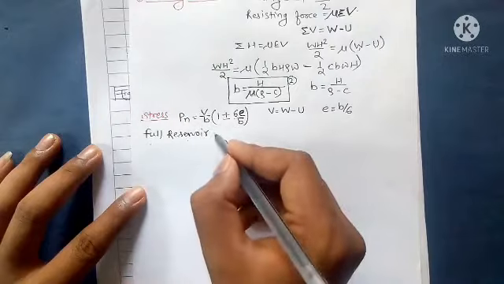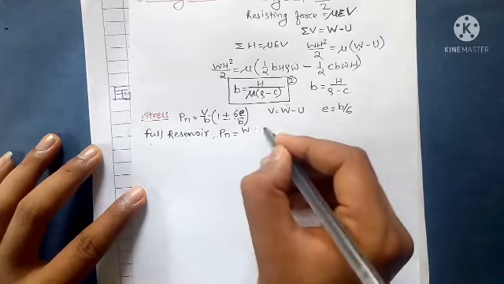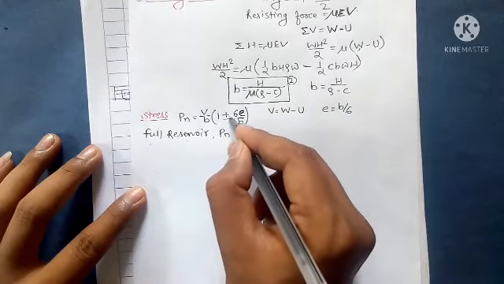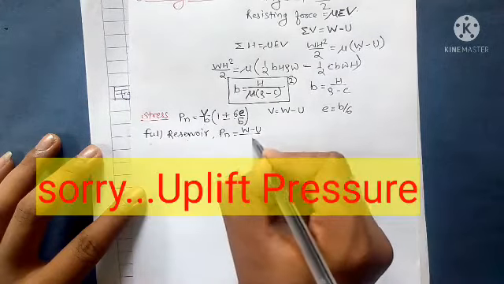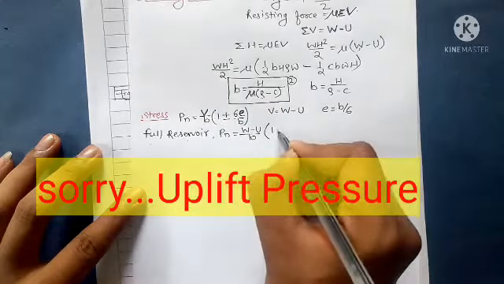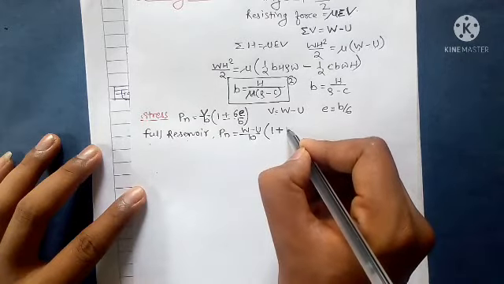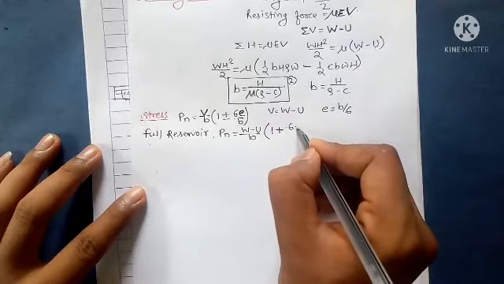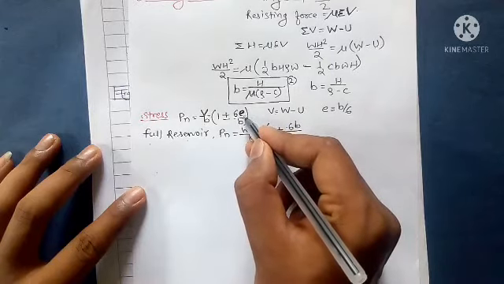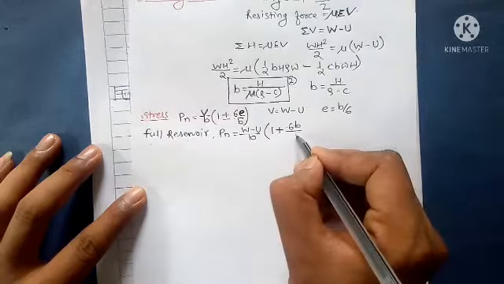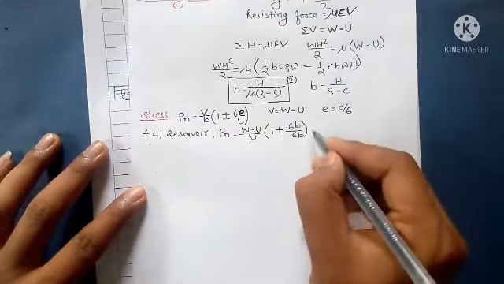So for the full reservoir condition, the normal stress at the toe is Pn is equal to V upon B into bracket 1 plus 6e upon B. For the toe we take positive, and e is equal to B by 6, so 6e upon B becomes 1.